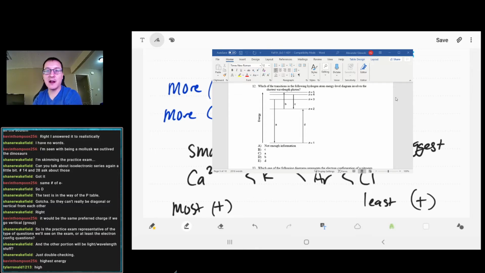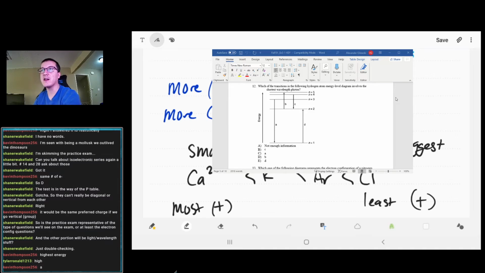It's not really a graph, it's a one-dimensional graph, but it's going to be A, right? A is our biggest energy change, so that would have the most energy associated with it, and therefore would be the shortest wavelength photon.